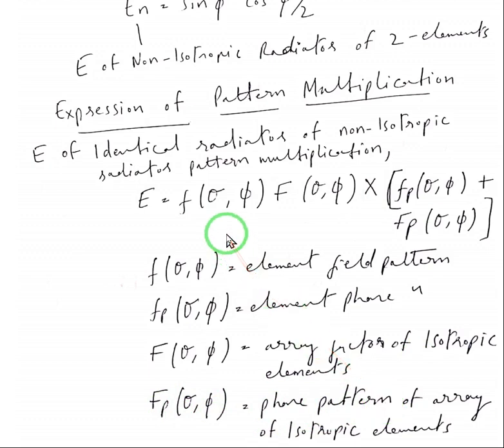So here the multiplication expression for the pattern of an isotropic radiator is defined as E, in which both the phase pattern plus the field pattern add up together for the same antenna and are then multiplied with the other antenna.